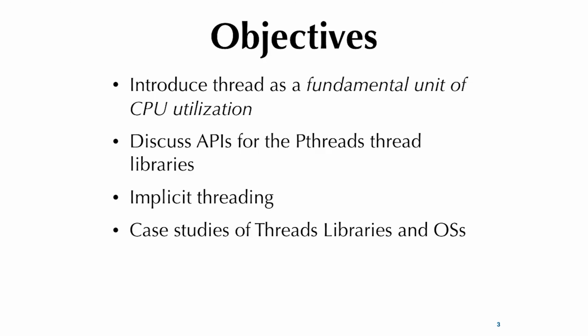Somewhere somebody represents it, whether it's a virtual machine keeping track of this, or a CPU native program counter. It's a fundamental unit of CPU utilization. So if you don't have any thread package support, no library support, it's running single-threaded.